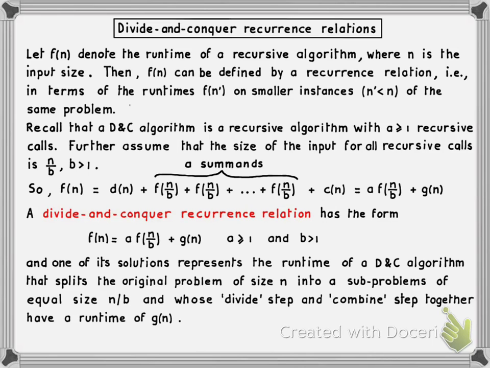So if the base case happens where n is equal to 0, then we need to know f of 0. And this will be the initial condition that we need to add to this recurrence relation to get a single unique solution. If the base case of the divide and conquer algorithm has size n equals 1, then we need to determine what f of 1 is to get the single solution to this recurrence relation.